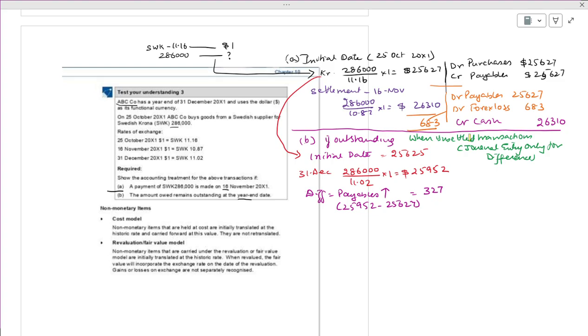This is for unsettled transactions. Now payables are increasing, so this is a loss. Is it right?